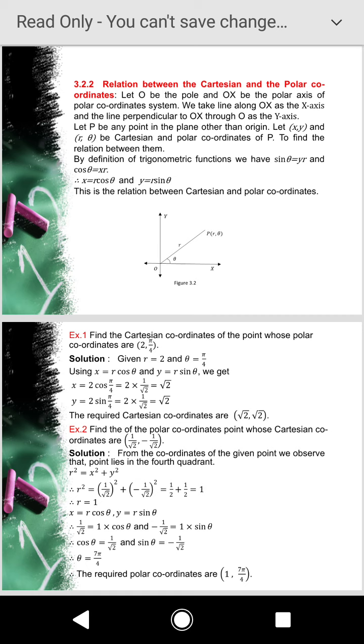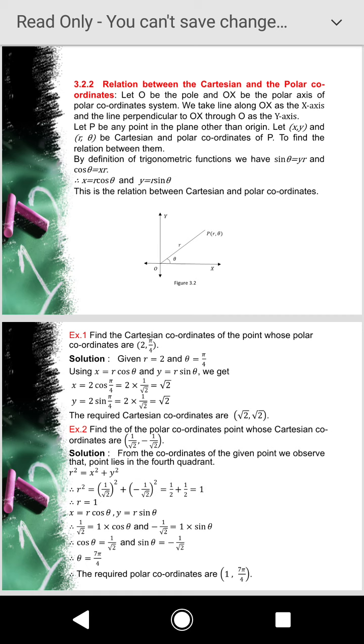Find the polar coordinates of a point whose Cartesian coordinates are 1 divided by square root of 2 and minus 1 divided by square root of 2. Here we are given the Cartesian coordinates and have to find the polar coordinates, that is r and theta. From the coordinates of the given point, we observe that the point lies in the fourth quadrant because x is positive and y is negative.